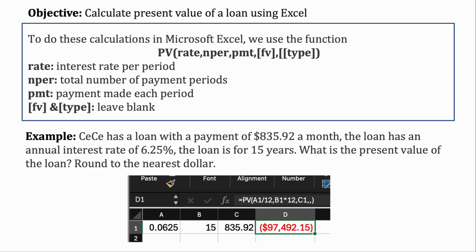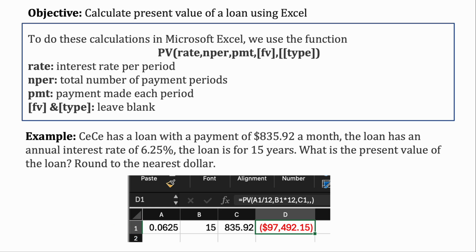Now, what I have done is I have entered 3 values and a formula. You will see here I have entered the rate, and I enter that as a decimal, so 0.0625. You'll see that's the A1 cell. I have to divide that by 12, and dividing by 12 is going to give the rate per monthly period.